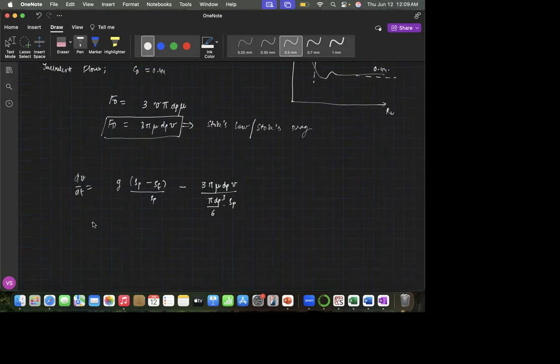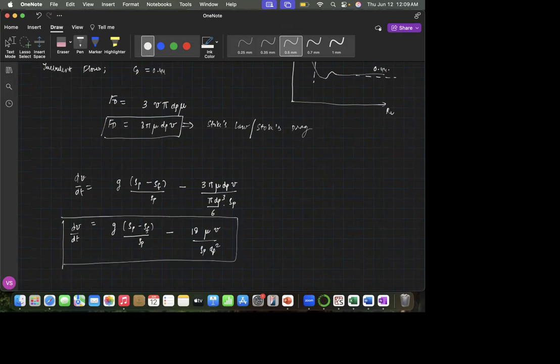Now let's simplify this a little bit. That is g (rho_p minus rho_f) over rho_p, minus 18 mu v over rho_p d_p squared. That is dv over dt, right?